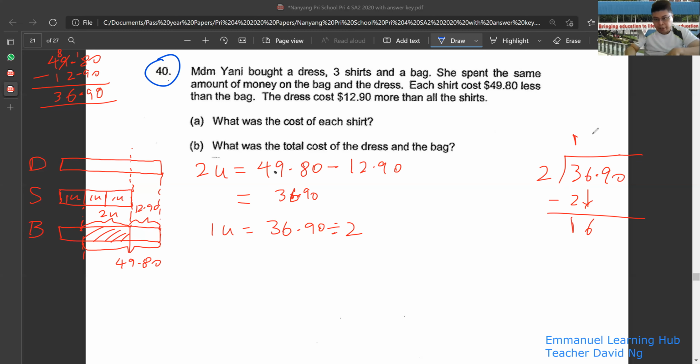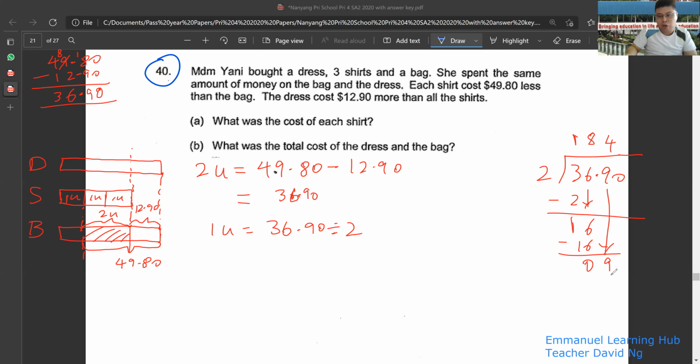8. 8 times 2 is 16. I cancel, it is 0. Bring down the 9. 9 divided by 2 is 4.